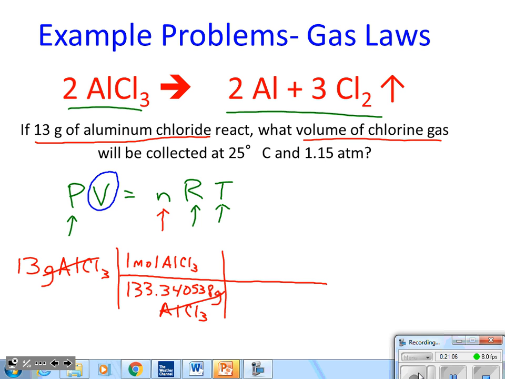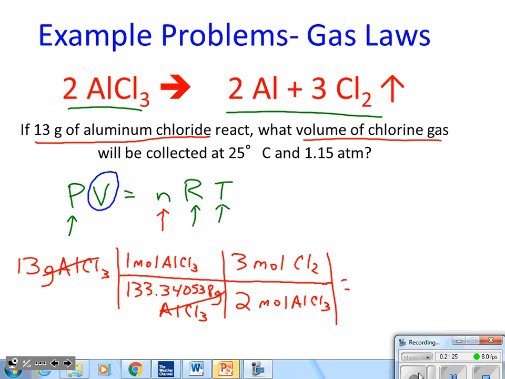So I see that 3 moles of chlorine is 2 moles AlCl3. That is my molar ratio, correct?